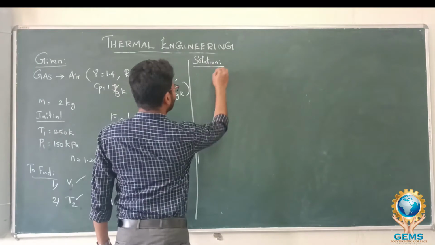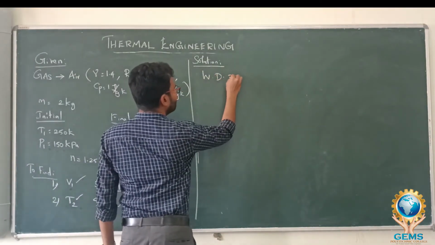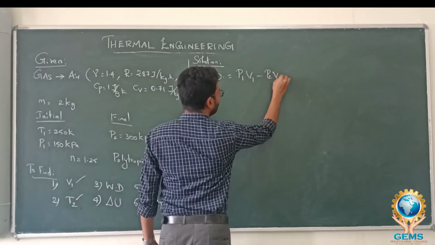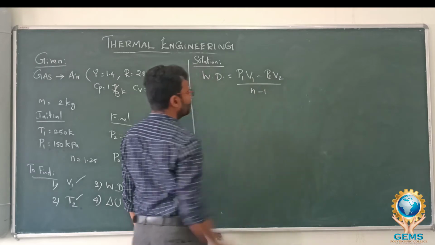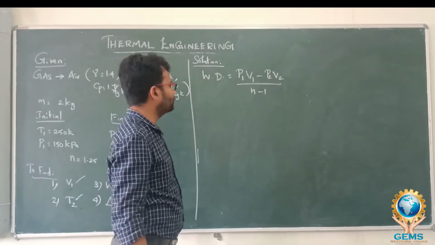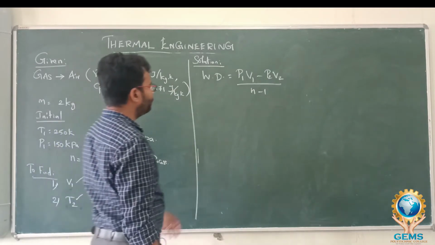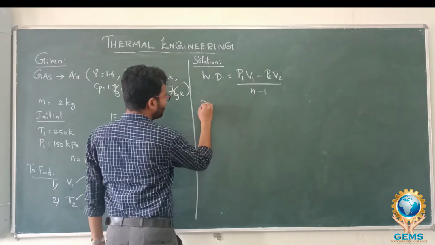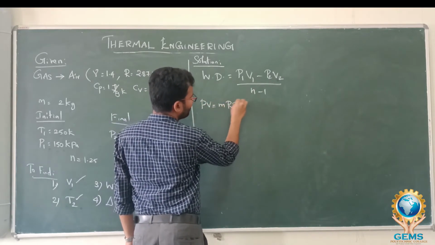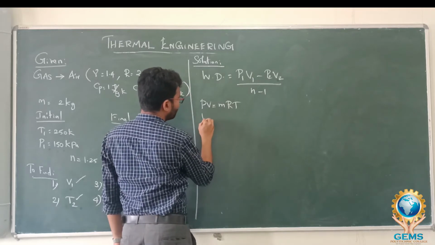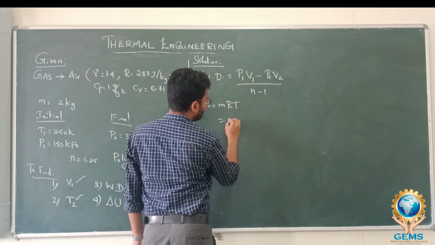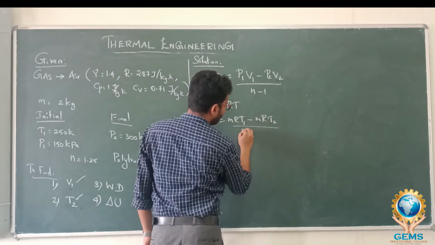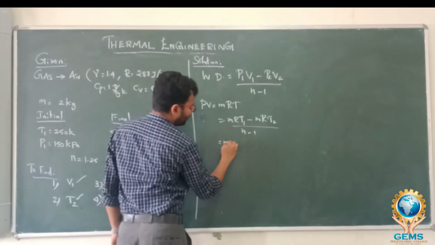Now we are going to see the work done formula. Work done for the polytropic process will be P1 V1 minus P2 V2 divided by n minus 1. For adiabatic process, it will be gamma minus 1. So here it is n minus 1. We don't know the V2 value, but we can rewrite this formula. We know that PV is equal to mRT. So instead of PV we can write mRT, that is mRT1 minus mRT2 divided by n minus 1. Take m and R as common outside.